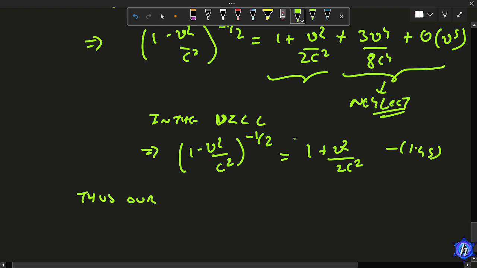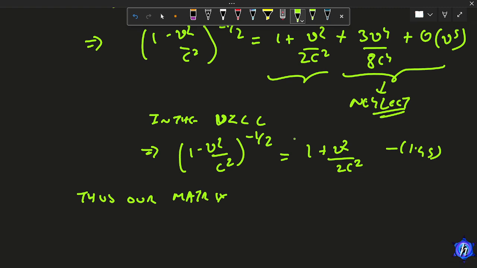Thus our metric, thus our matrix. I'm so used to the word metric, I'm not able to say the word matrix. I'm really sorry about that.